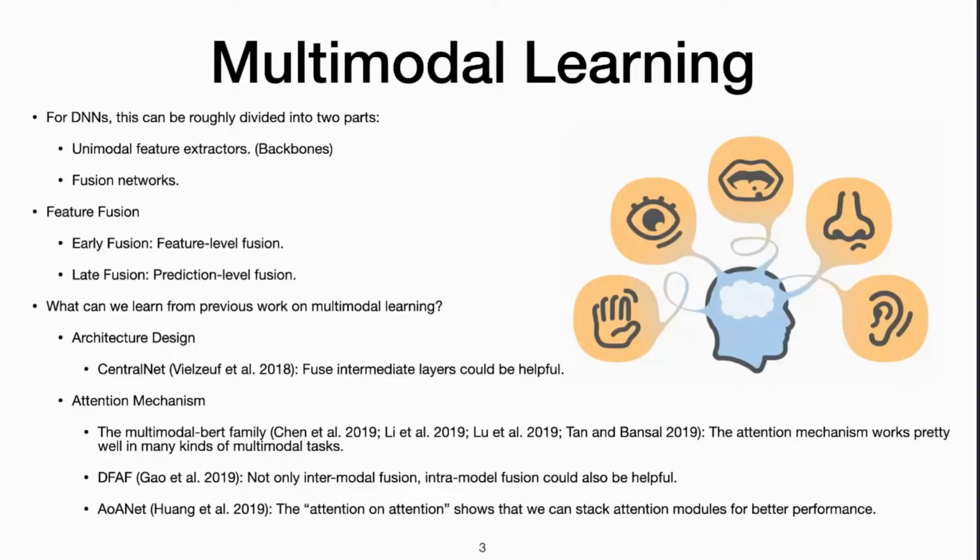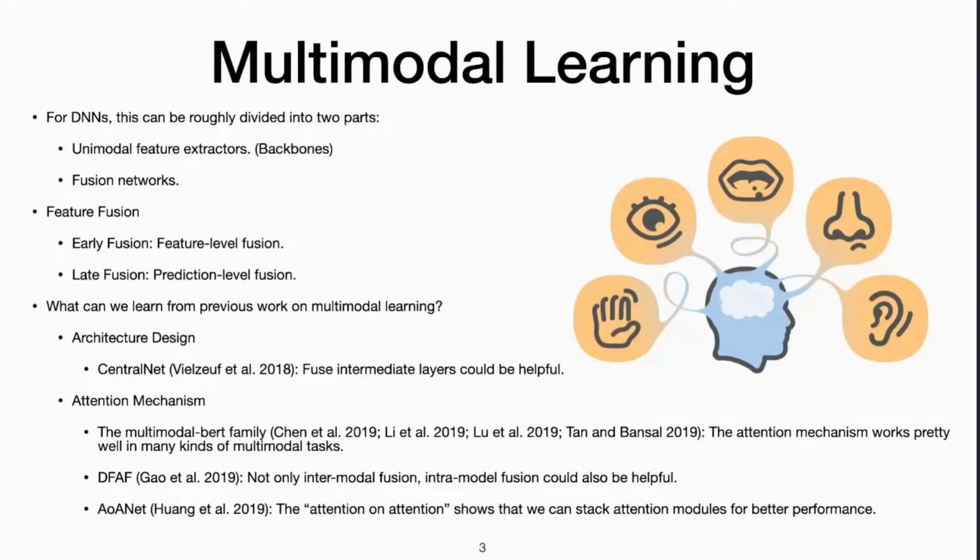From previous work on multimodal learning, we can learn many helpful insights. For example, for architecture design, from CentralNet, we can learn that fusing the intermediate layers of neural networks could be helpful. And now we all know that the attention mechanism has become really popular. So there's the multimodal BERT family. It shows that the attention mechanism actually works pretty well in many kinds of multimodal tasks.